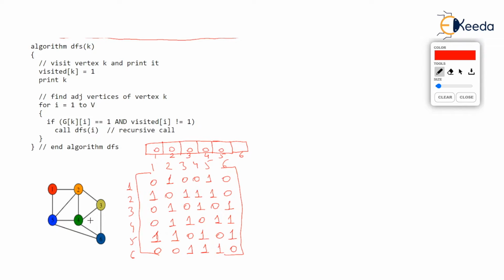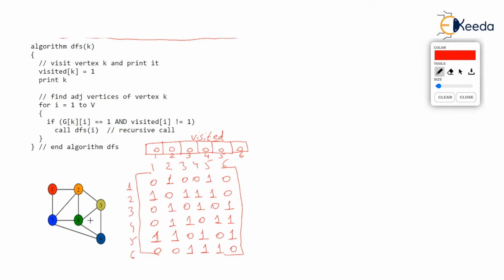Now the visited array in this algorithm will be used as a flag. What we will say is that none of the vertices are right now ticked. None of the vertices are yet visited. But whenever we visit any vertex, we will change that element of visited from 0 to 1. So let's say we visit the first vertex.